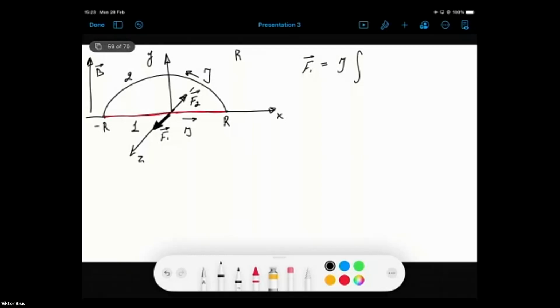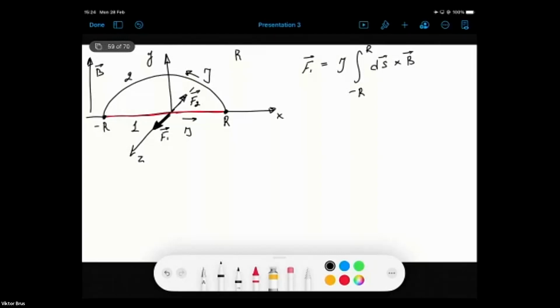We do this for the first conductor, so we should integrate from minus R to R, where R is the radius of the semicircle. Then we have here ds vector cross product B vector.